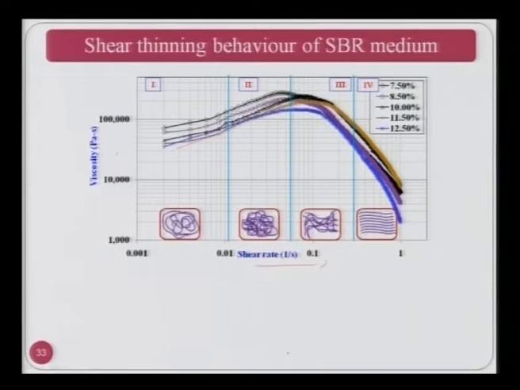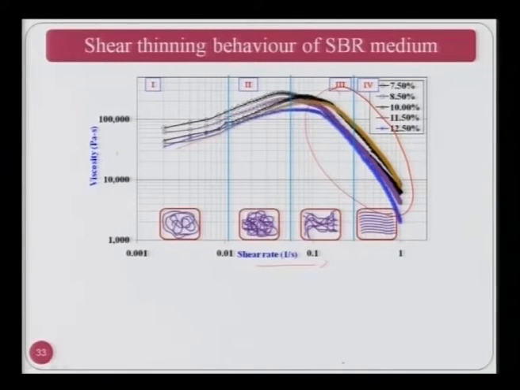The increase of shear rate increases the viscosity, but beyond a certain value of shear rate, it starts decreasing. That means shear thinning behavior starts taking place in this region, and this is able to explain many experimental results obtained in abrasive flow finishing as well as rotary abrasive flow finishing.